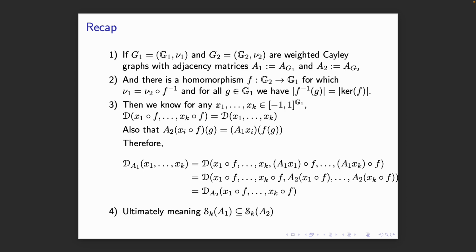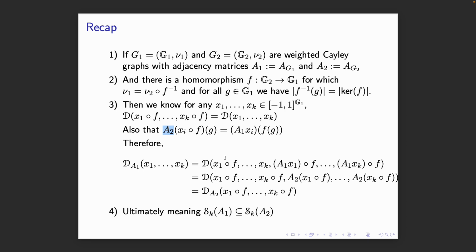Then we know that for any collection of k functions defined on G1 whose values are between -1 and 1, the joint distribution of those functions composed with f is equal to the joint distribution of those functions. And now we also know that when we apply A2 to the composition xi f, it's going to be equal to A1 applied to xi, at the point f of g.